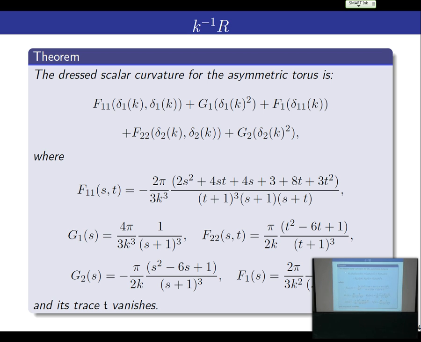Where f11, the integration, is this particular function, again a fractional function of two variables s and t, quite complicated but not terribly complicated like the logarithms in your case.